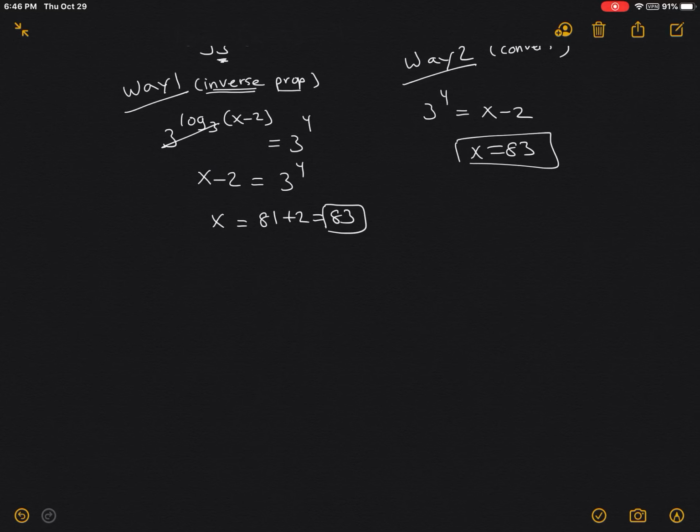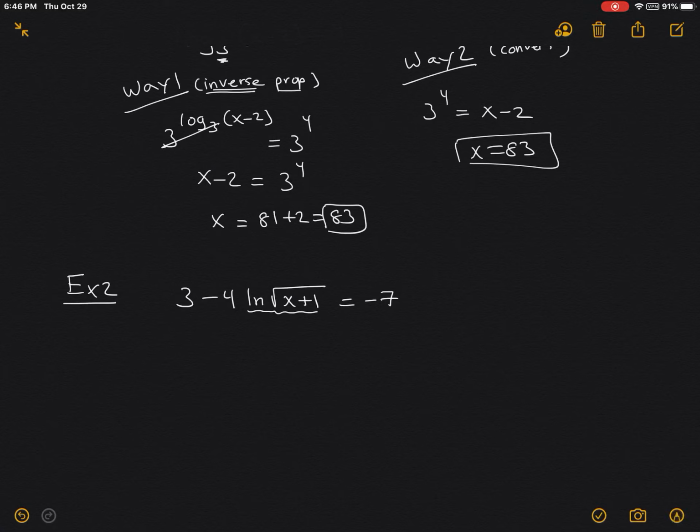I've isolated the log, and I've used the inverse property. What if you have an ln in your equation? Let's say it's something like this. 3 minus 4 ln of the square root of x plus 1 is equal to negative 7. Again, I see a log, whether it's base 3 like the previous problem, or in this case, the base is e.